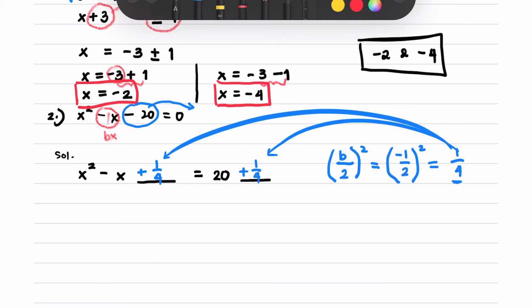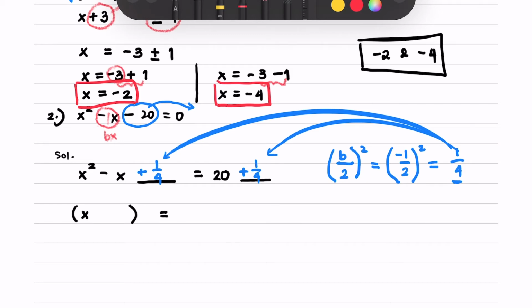Okay, once na nagawa na natin yung second step, ang third step natin is, dahil nagkaroon na tayo ng perfect square trinomial, we're going to express yung perfect square trinomial natin as a square of a binomial. So, factor natin yan. So, we have x. Yan.